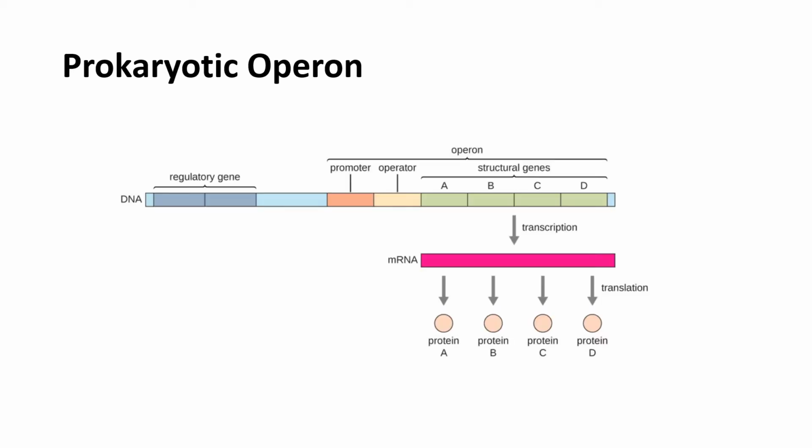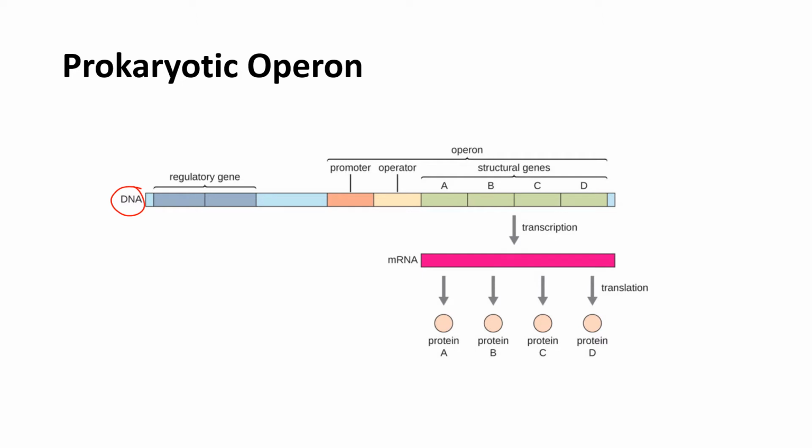In order to understand how a prokaryotic operon functions, it's first important to know the structure of an operon. This is the diagram of an operon. The first thing to point out is that an operon is actually a sequence of DNA. It's a series of sequences of DNA that are involved in controlling the transcription of particular genes.